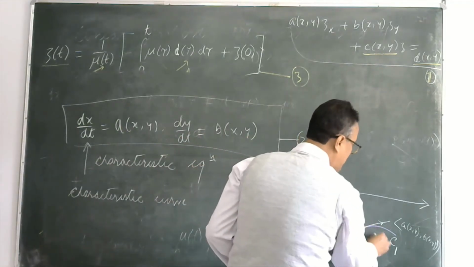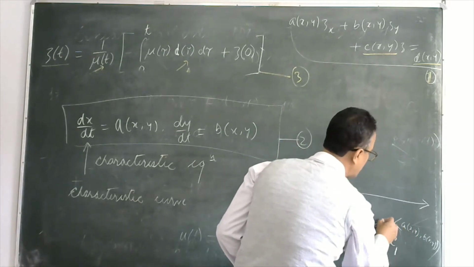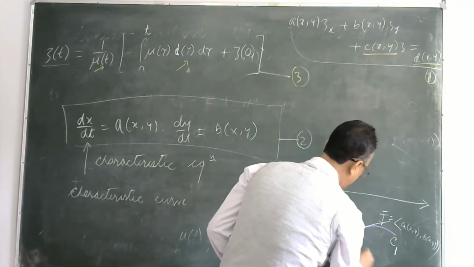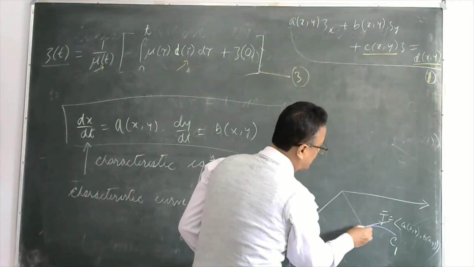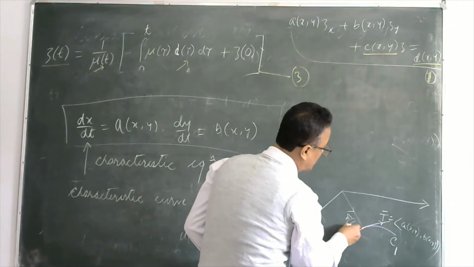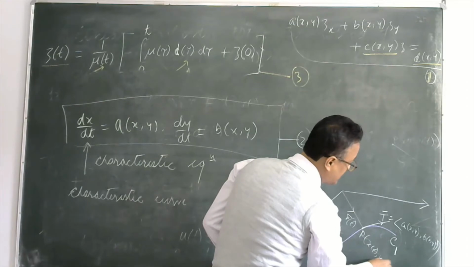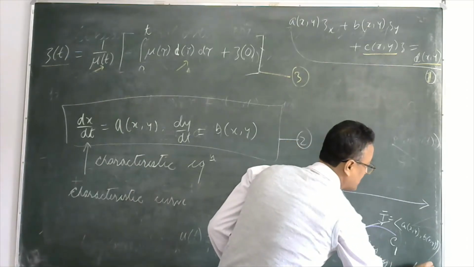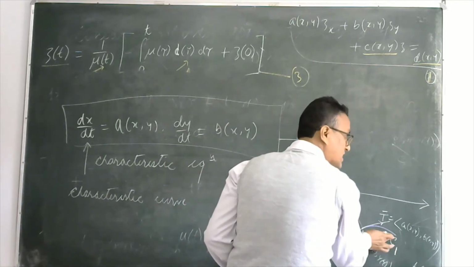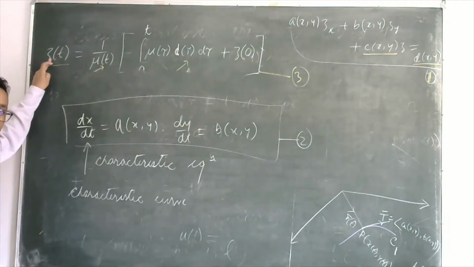So we parameterize this curve through x(t), y(t), for some t belonging to I. Now you can see that along this curve, for all values of t, you can solve for j.